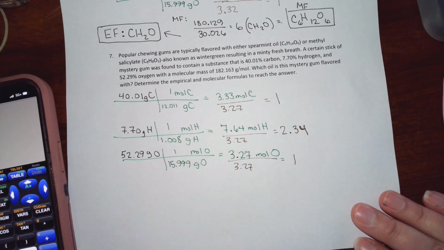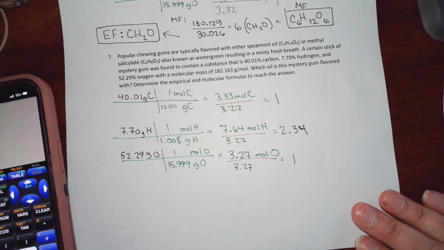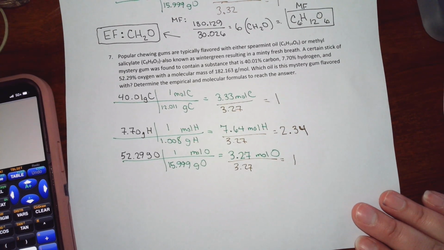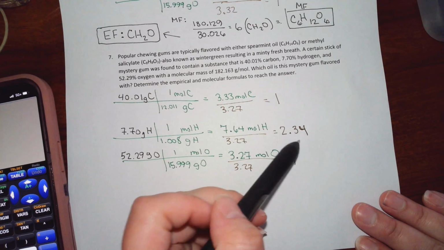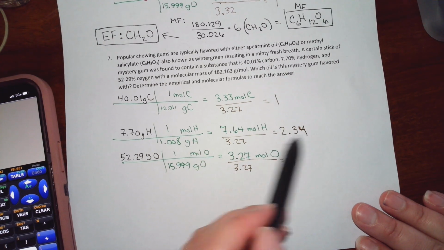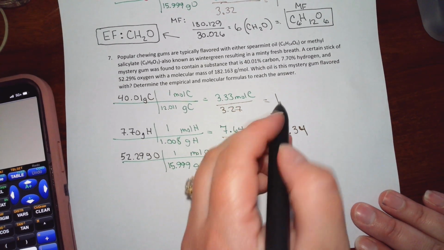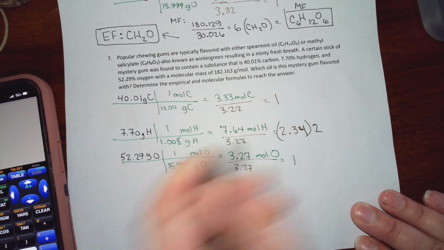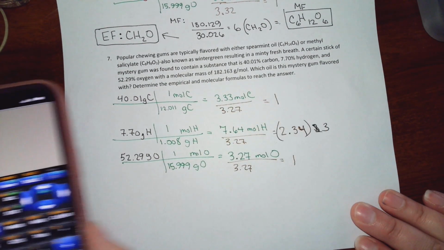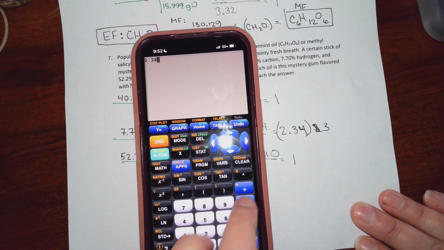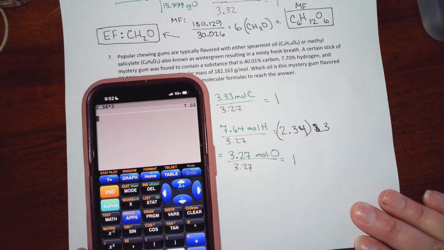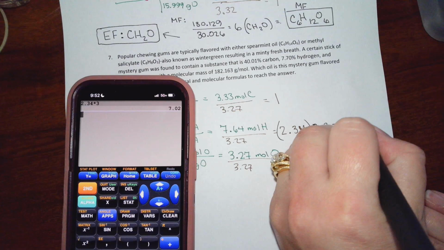That is unfortunate. So what do we do if we don't get a whole number here? Well, we're going to multiply by something to get us a whole number. So if this is 0.3, I can multiply this by 3, and that'll get me a whole number, right? So if I take my 2.34 times 3, that gets me a nice, pretty whole number of 7.